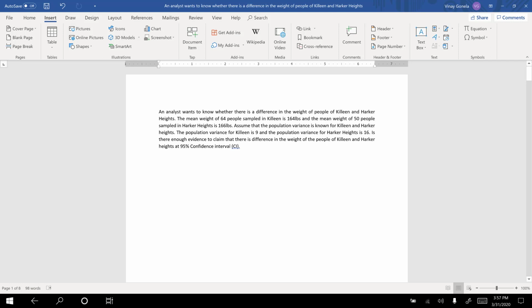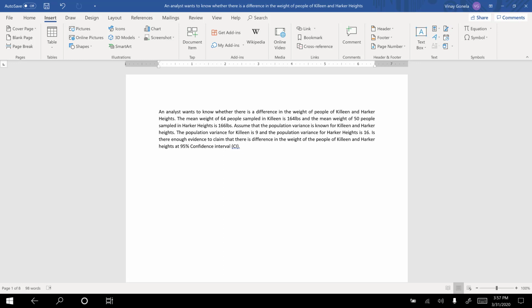Okay, so this is the question. An analyst wants to know whether there is a difference in the weight of people of Killeen and Harker Heights. The mean weight of 64 people sampled in Killeen is 164 pounds, and the mean weight of 50 people sampled in Harker Heights is 166 pounds.